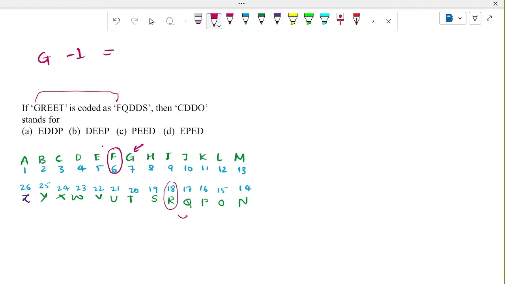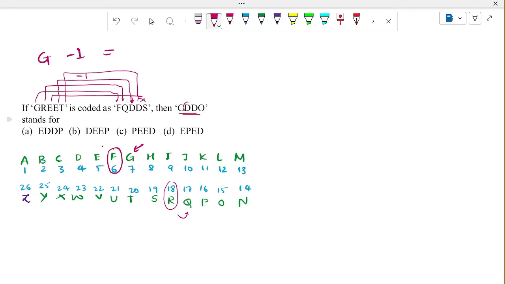R minus 1 is what? Q. They have given Q. So it is basically minus 1 relation between each of the letters. And T minus 1 is yes, right? In the same way, you need to solve this one.